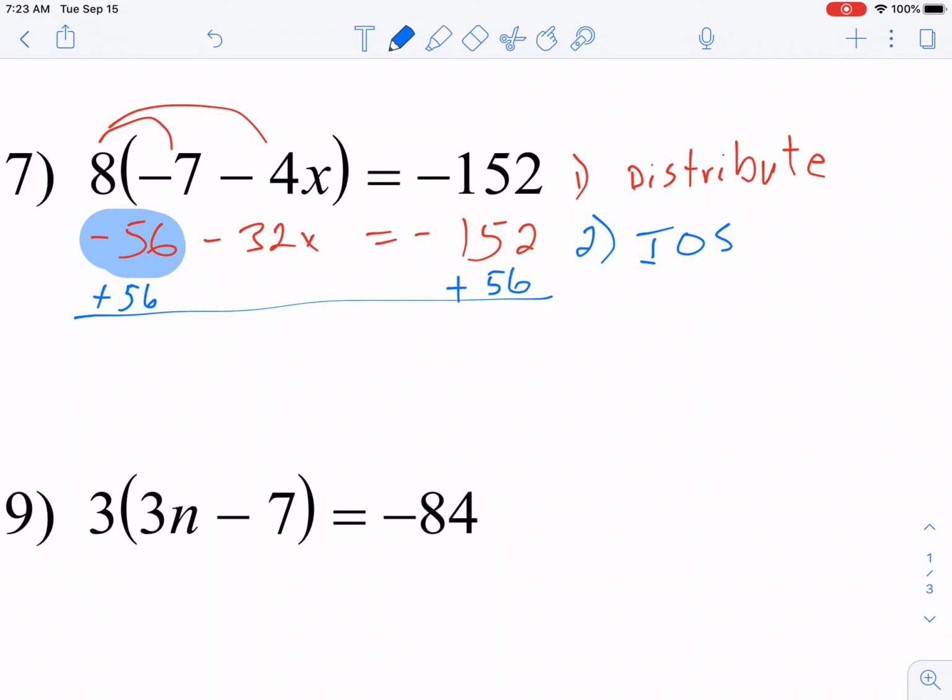And so what ends up happening is the 56 cancels. Negative 32x drops down. Equal sign drops down. Negative 152 plus 56. You can use the Desmos scientific calculator, but it is negative 96.